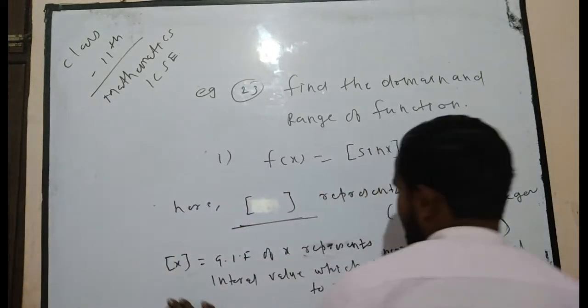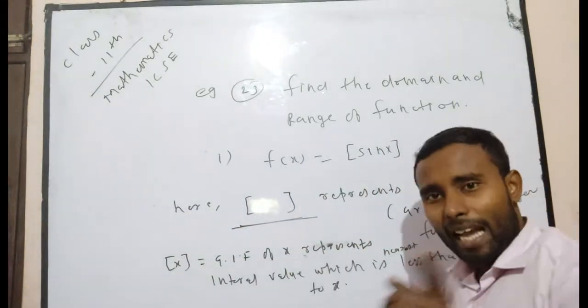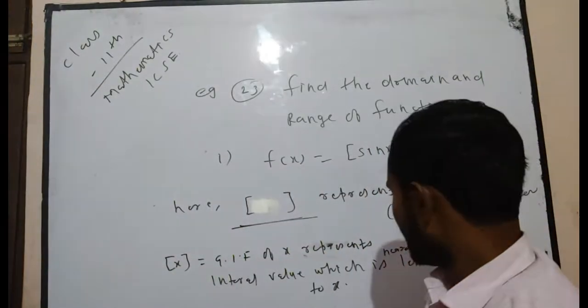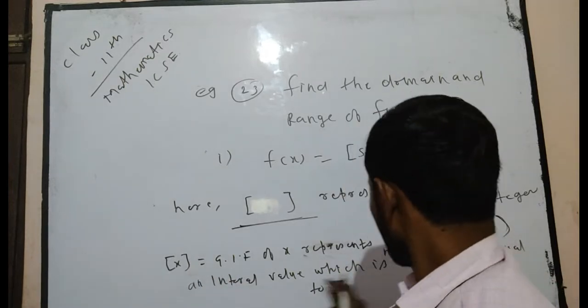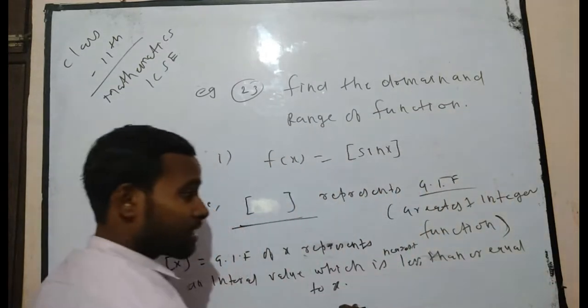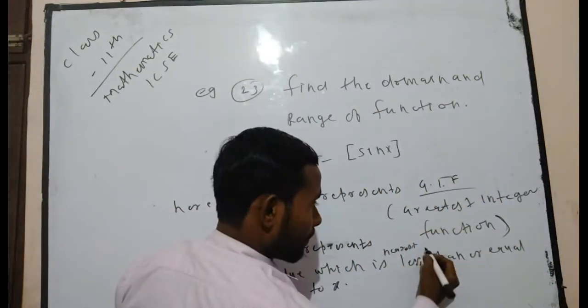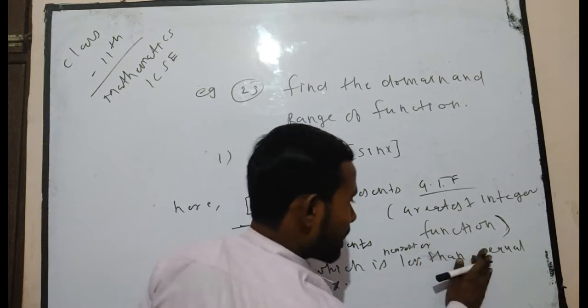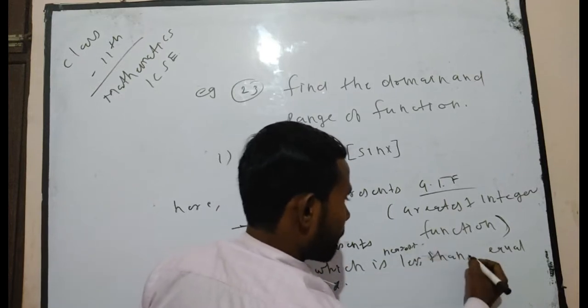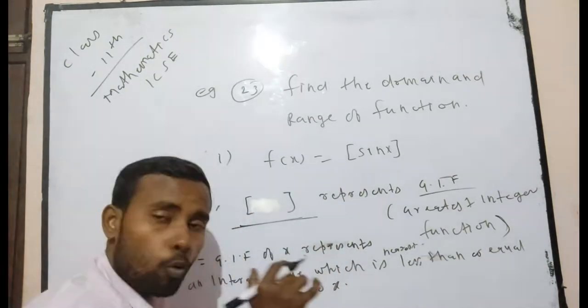The greatest integer function of x simply represents an integral value which is nearest, less than or equal to x.